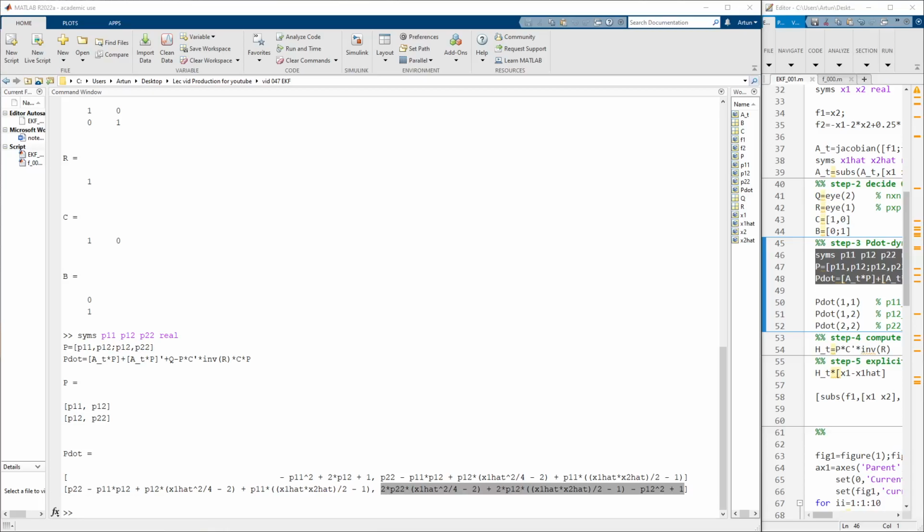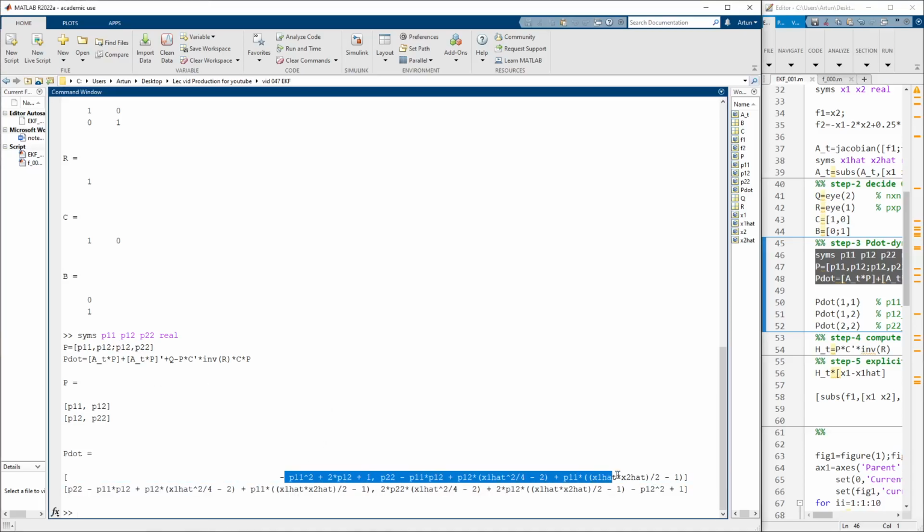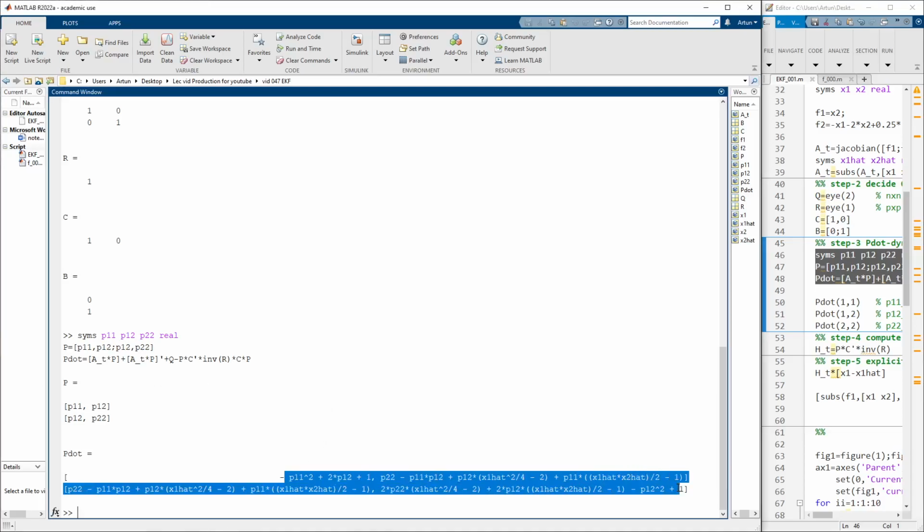We are going to use ODE45 to simulate the real system, the two-dimensional real system, and then the dynamics of the P matrix, that's a parameter for our extended Kalman filter, and then the dynamics of our observer states.